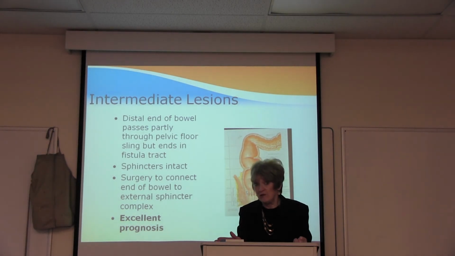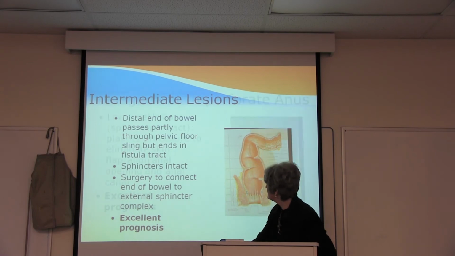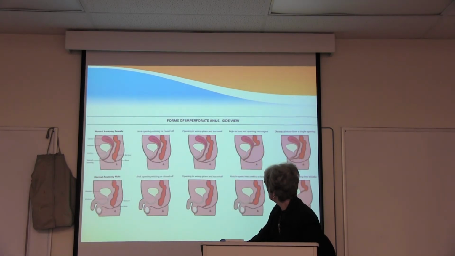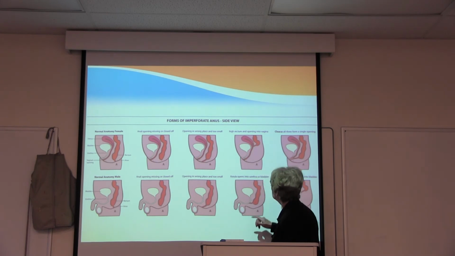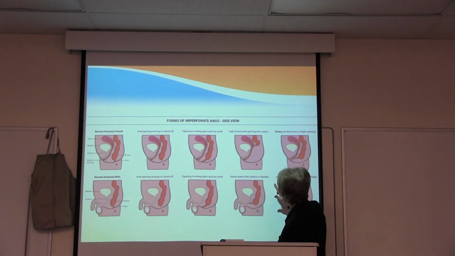So when you have an intermediate level lesion, and I'll go back and show you this, okay. With your intermediate level lesion, it doesn't really show it well. It shows low and high.